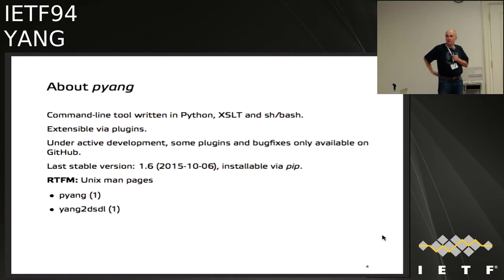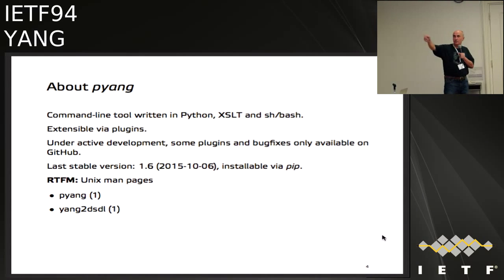Anyway, the last stable version is 1.6. We have discovered a bug so that you cannot use Unicode, I mean non-ASCII characters, currently, so probably there will soon be a 1.6.1 version.